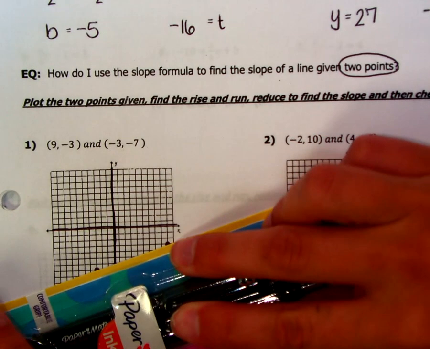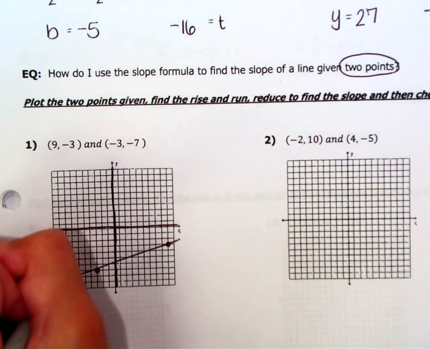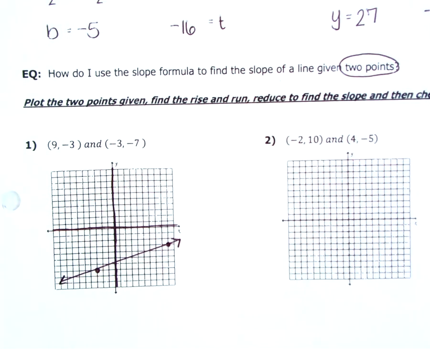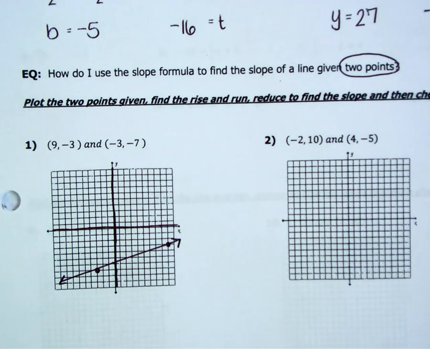We have to have at least 2 points to make a line. And we do indeed have a line.